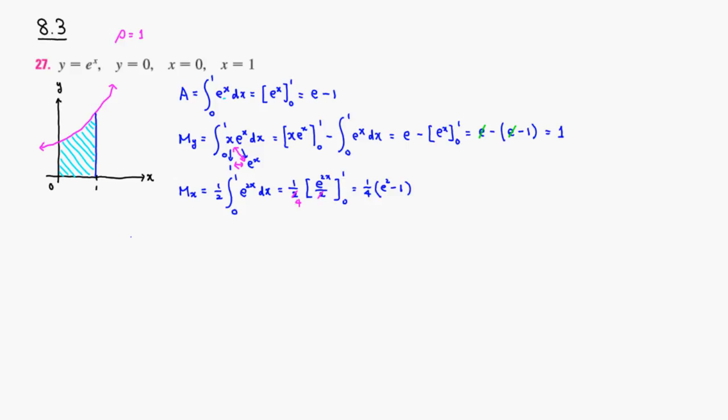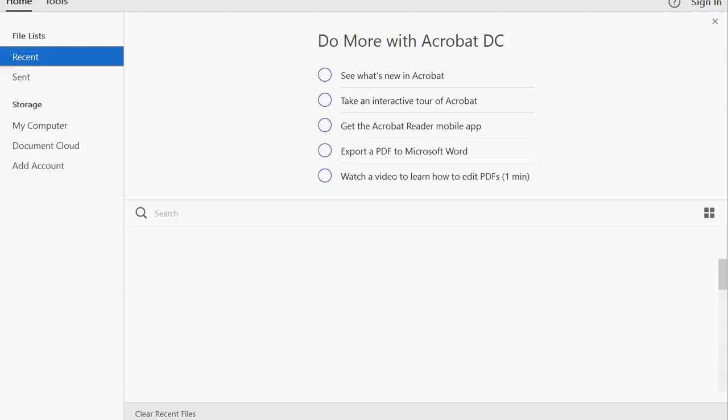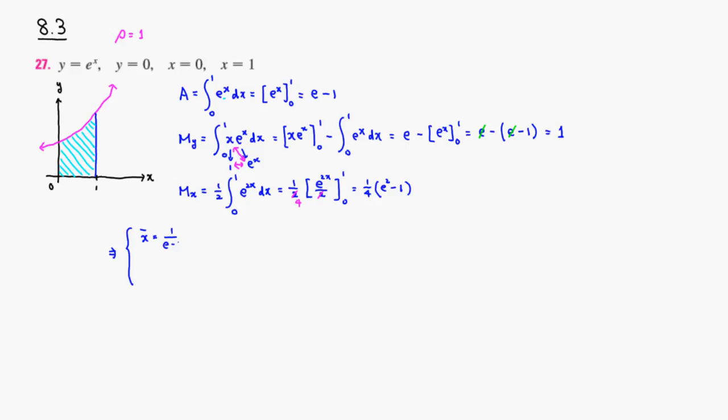Remember that x bar is the moment with respect to y divided by the mass, and here it's just what we get, M_y divided by A. M_y is 1, and A happens to be e minus 1. So we have that.